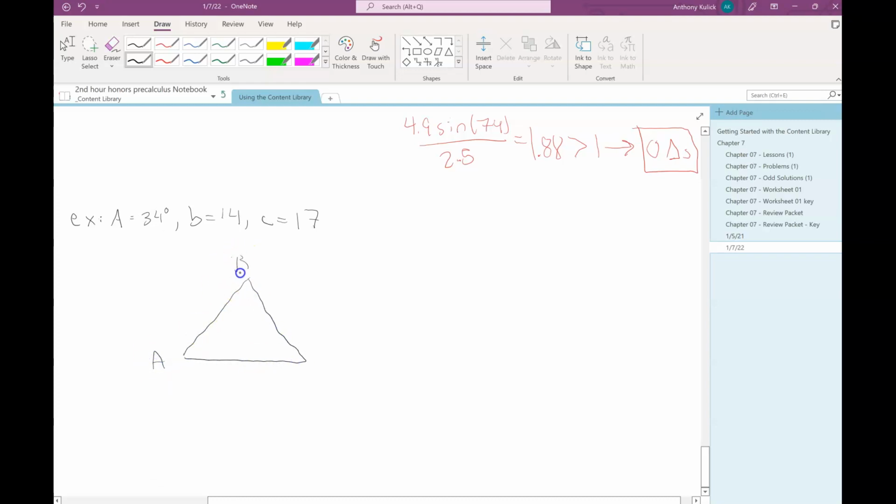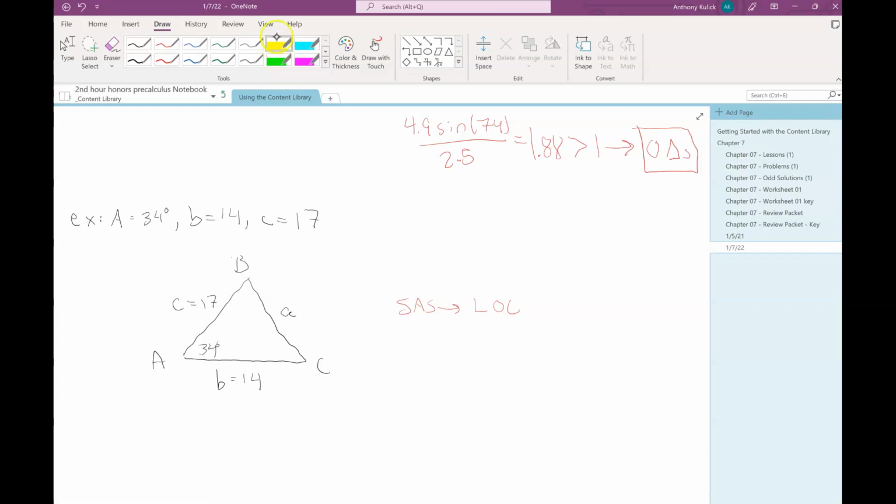Pretty obvious that I'm naming things A, B, and C. Okay. Everybody cool with the picture? What situation is this? Side angle side, very good. Which tells me that I should be using the law of cosines.